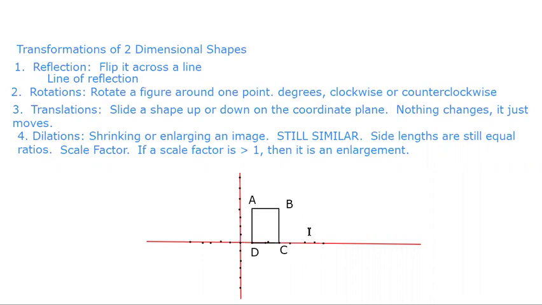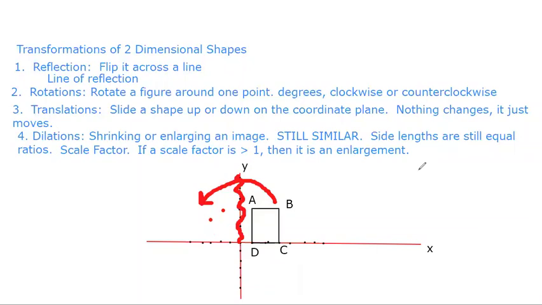So if we're going to reflect this shape across the y-axis. So remember, our y-axis is the horizontal axis and the x-axis is the vertical one. So we are going to reflect this square across this axis. It's like we're going to put a mirror right here and take that image that we end up with and we're going to put it right here.